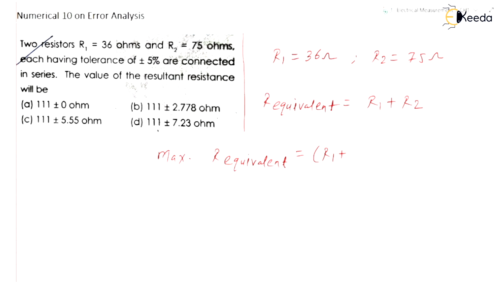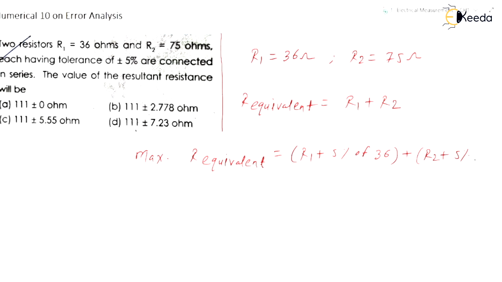Okay, so R1 will be at maximum value when this tolerance is at, yes, plus 5% level. Okay, so it is R1 plus 5% of R1, that is 36, plus R2 plus, again 5% of, yes, what is the value, 75.